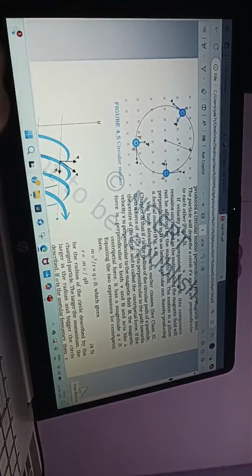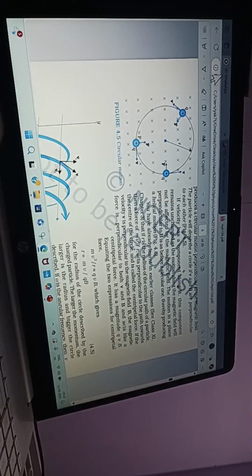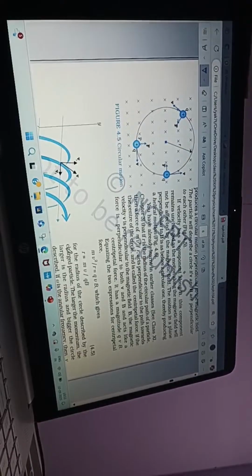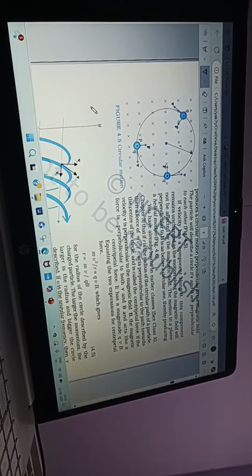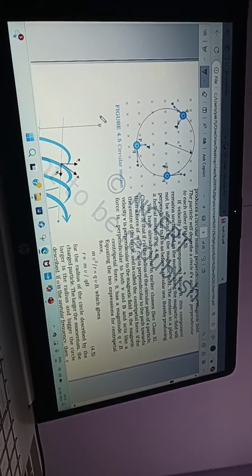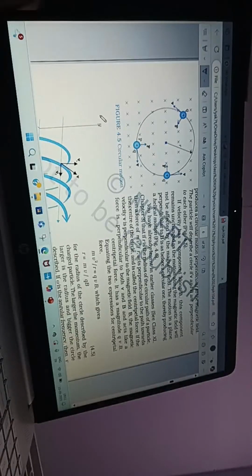This is the expression they are going to ask. You understood here? What is F here? Centripetal force. F is equal to mv square by r. Okay, that you understood now.